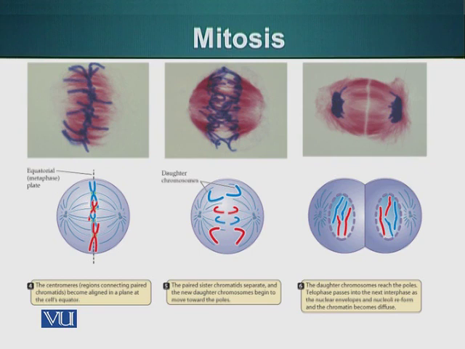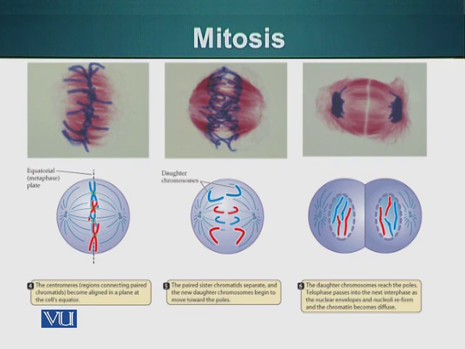The cell tries to see whether all the kinetochores are attached to the spindle fibers, the microtubules. For the two chromatids forming one chromosome, one kinetochore is attached to one spindle on one side, and the other kinetochore on the same chromosome is attached to the other spindle. After the cell has checked that all the microtubules have been attached to the kinetochore, the next phase starts, the anaphase, in which the chromosomes start to move apart.